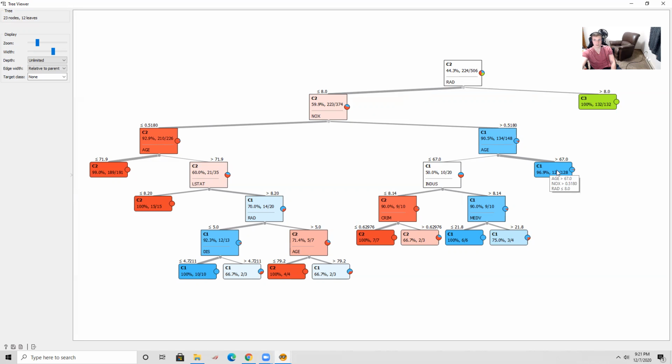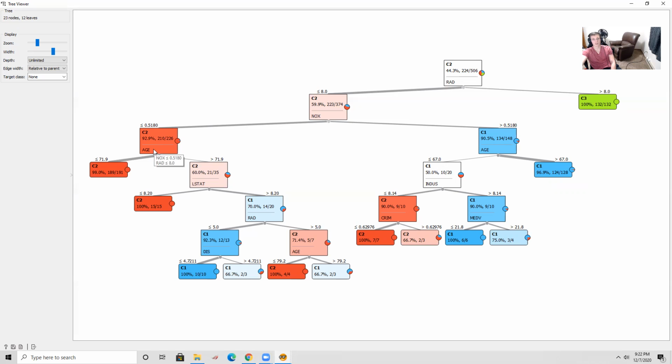If it's greater than 67, it has a 97% chance of being in C1. So if it's greater than 67 years, it most likely belongs to the C1 cluster. And over here, if it's less than or equal to 67, it's got a 50-50 shot of going to C1 or C2.